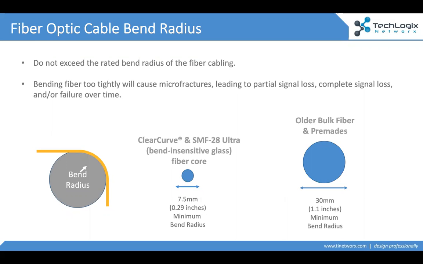This is one of the things where we see people get themselves in trouble. You can certainly use the tools we've looked at today to terminate, and to work with these cables, put new connectors on, couplers, things like that. But make sure you're maintaining a bend radius on those older cables of 1 to 3 inches. If you exceed that, you do run the risk that you're going to break it.